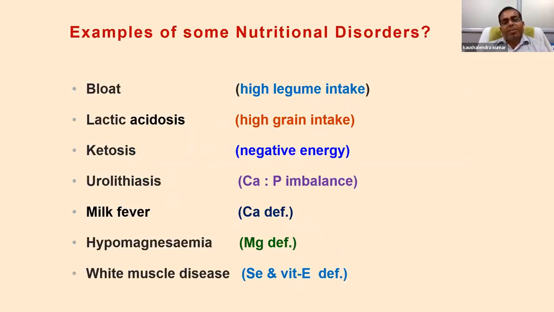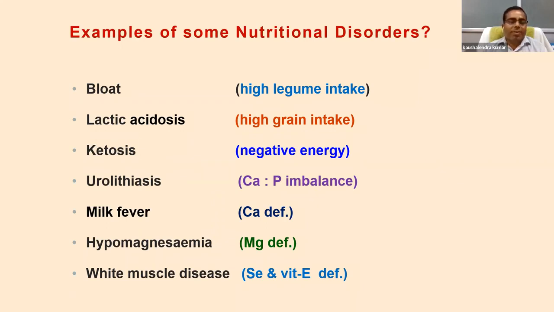Some examples of nutritional disorders, you are aware of that, and these conditions arise under field conditions also, when farmers grow leguminous fodder, then they offer a major quantity of the legume itself. So it will be better to feed leguminous and non-leguminous fodder in mixed condition.